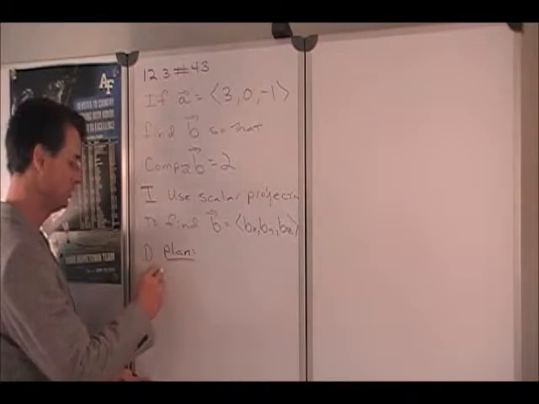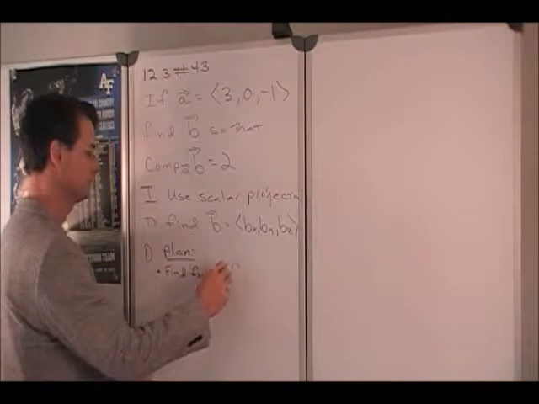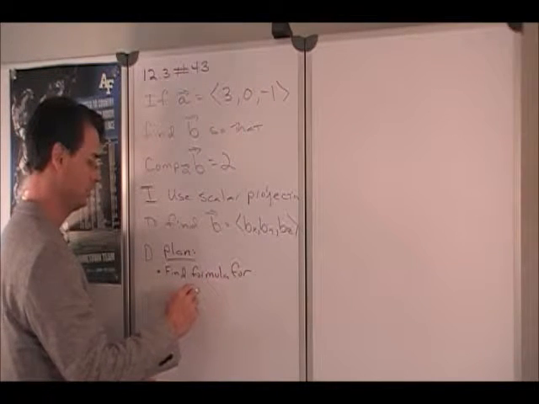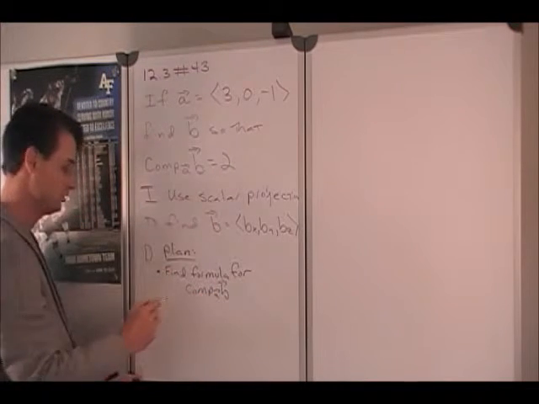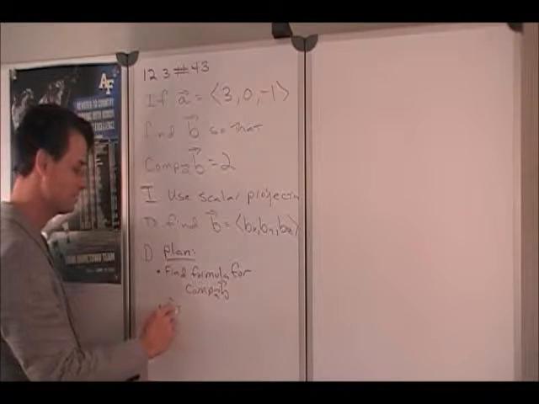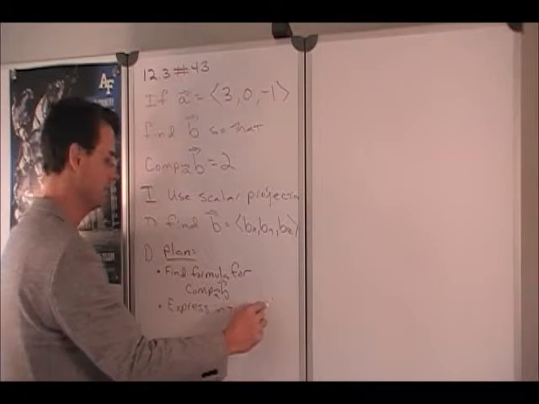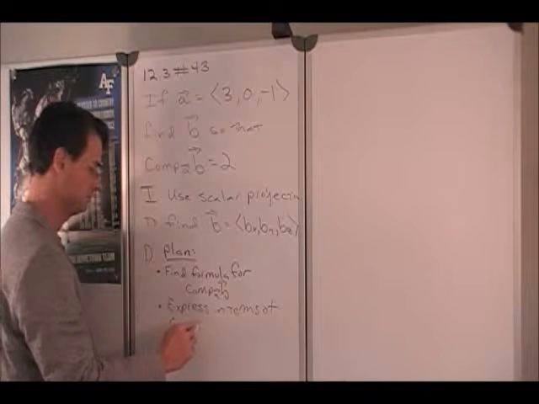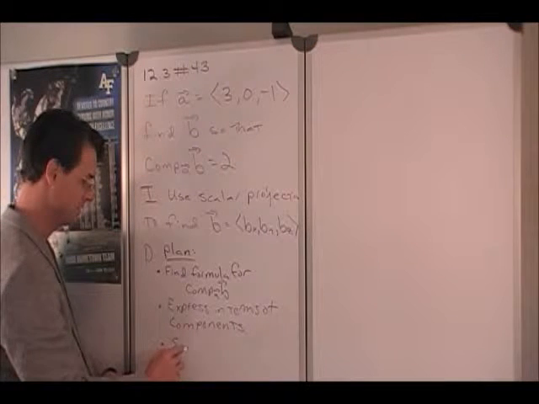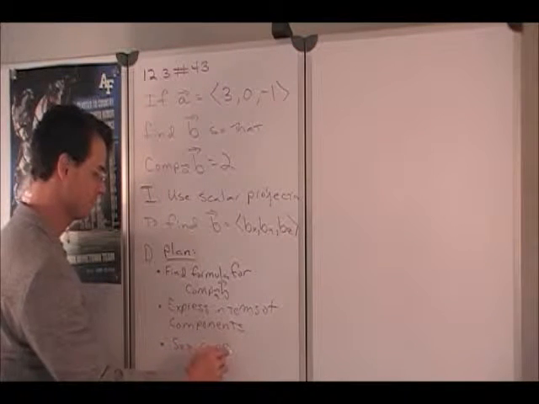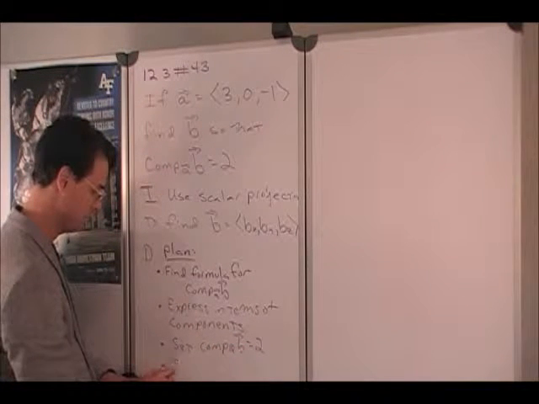So we want to find the formula for the scalar projection, because this is the thing that's equal to 2, right? And let's express it in terms of components. And now let's set this equal to 2, and then we solve.